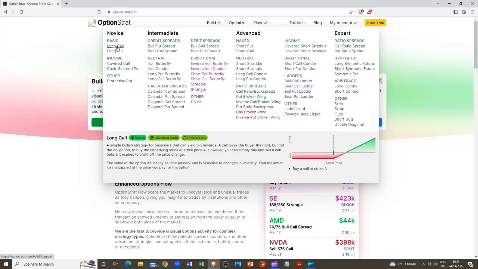And with the long call strategy, what happens here is even if the price of the underlying asset goes down to zero, the total amount that you could lose would be the amount you pay to buy the long call option, and that's it.